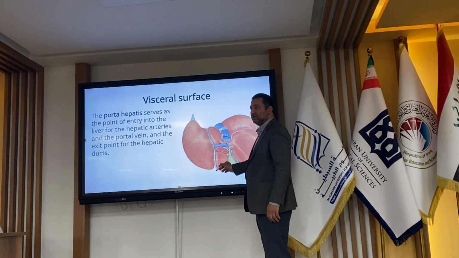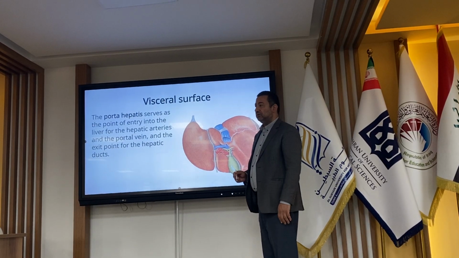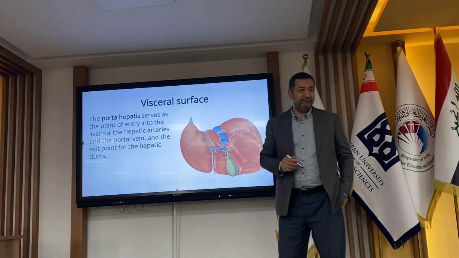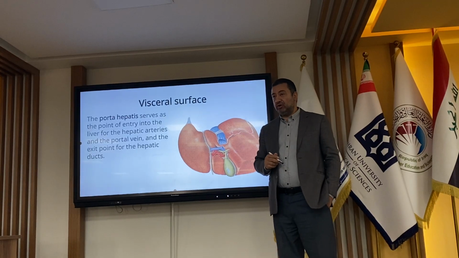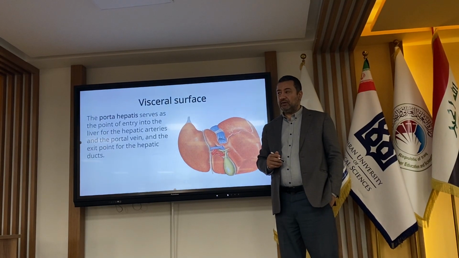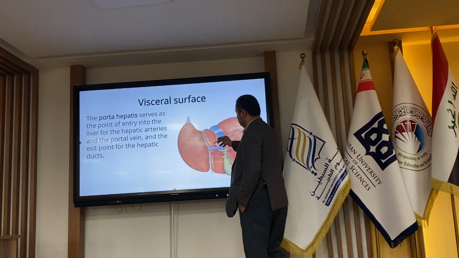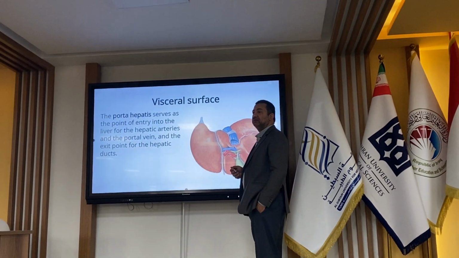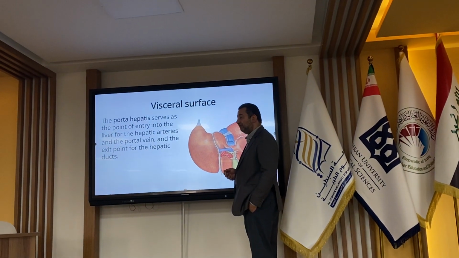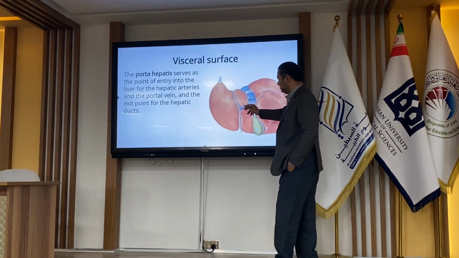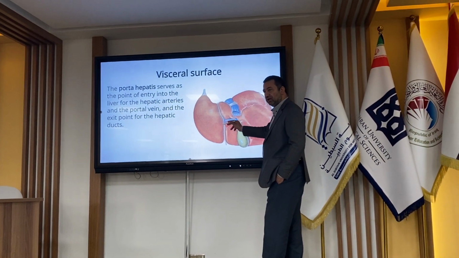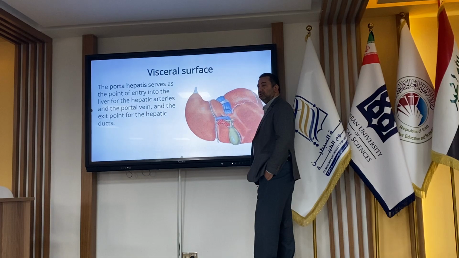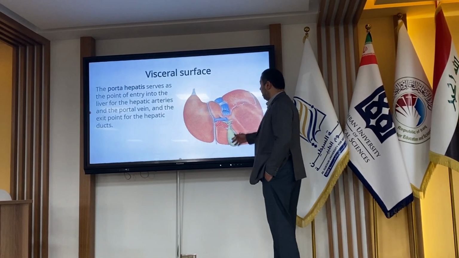Ligamentum teres hepatis is the anterior part, and posteriorly there is ligamentum venosum. Okay? The ductus venosus in the embryonic period becomes ligamentum venosum after birth. Here is ligamentum teres hepatis, or round ligament of the liver, and here is ligamentum venosum.